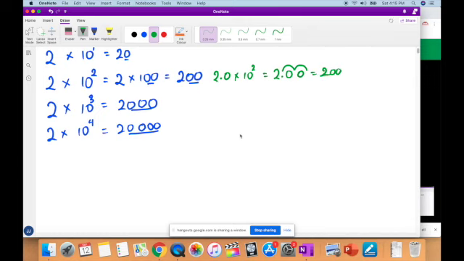Is everybody okay with this? Yeah. Caitlin? Yeah. So in this case, I have 2.0 times 10 to the 3. So how many decimal spaces does the point have to move? 3.